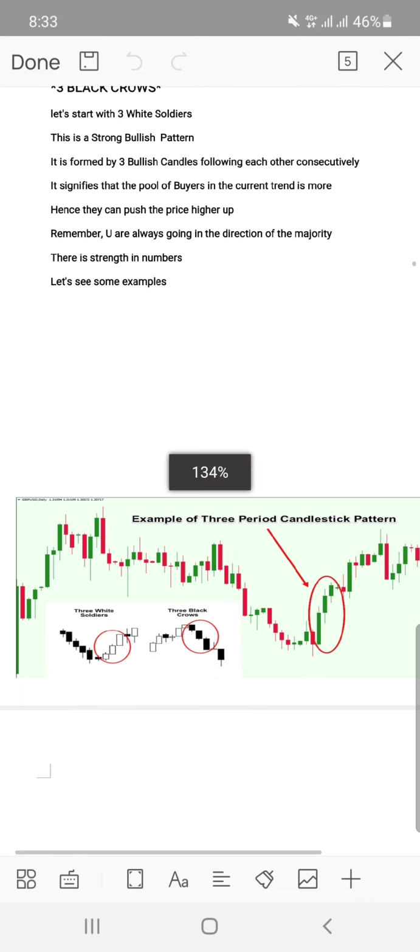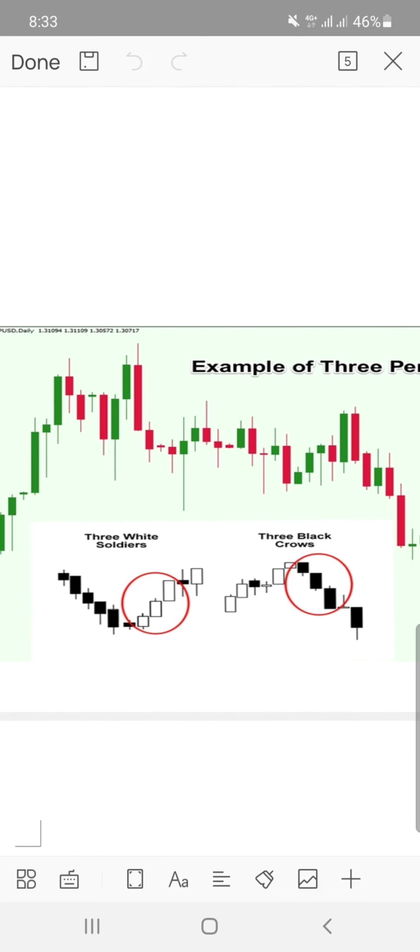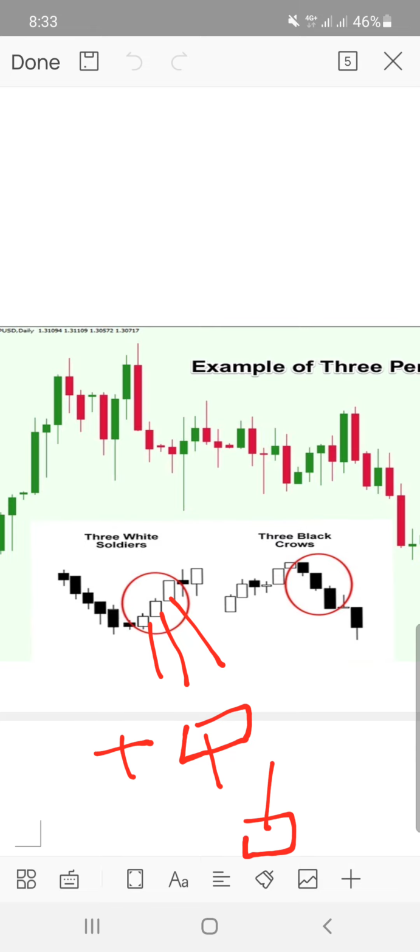Now, see this example. If you notice here, see this first one, it was big, some were bigger, some were the biggest, and there was no doji in between them, no hammer, no inverted hammer, no hanging man, no shooting star in between them.